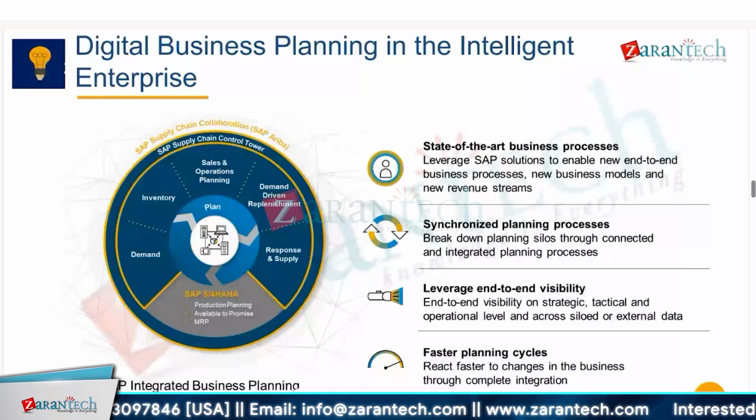Every day you get some kind of input from the IBP tool as to where exactly we are with respect to the KPIs. Over a period of time, we take the average of the performance, and then the reporting is done. That's what we call real-time planning and simulation capabilities.